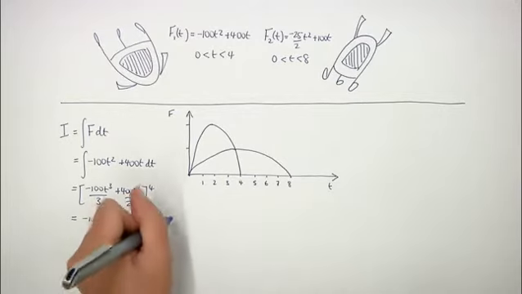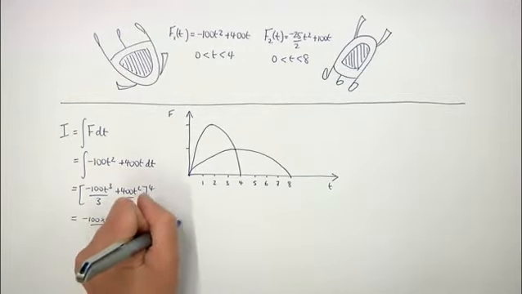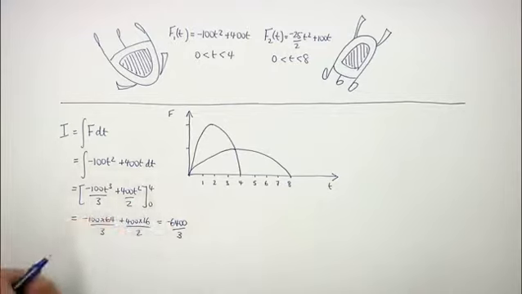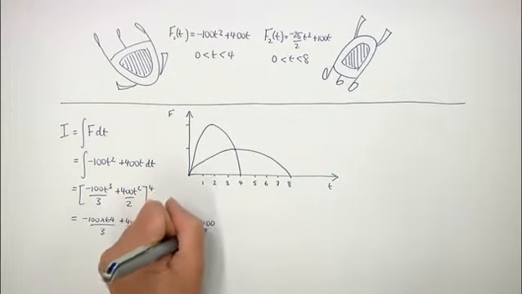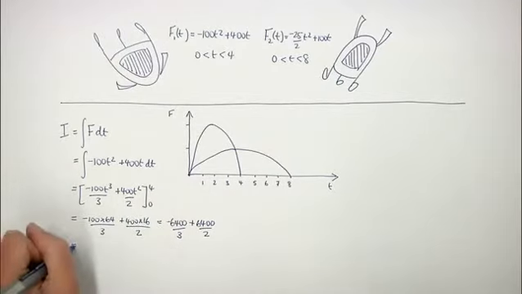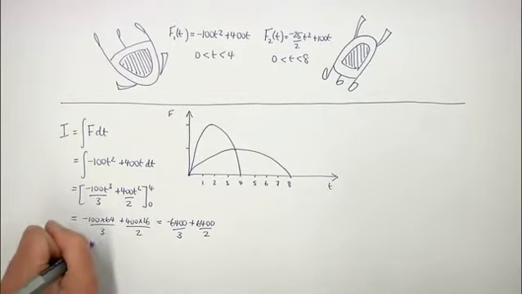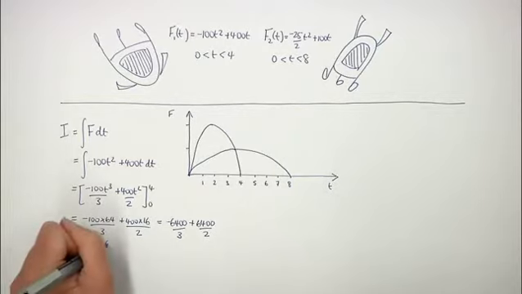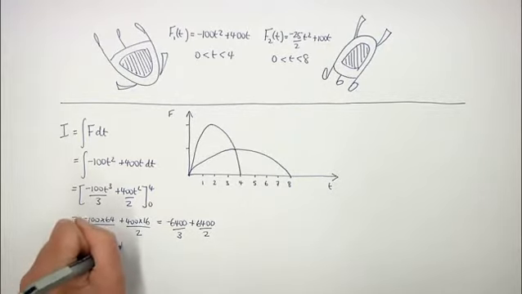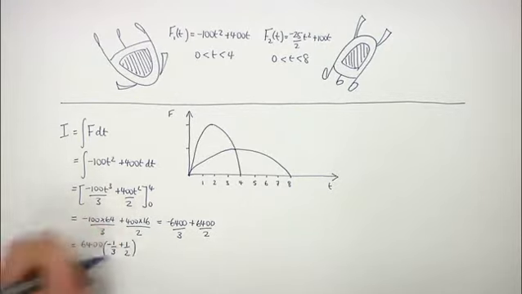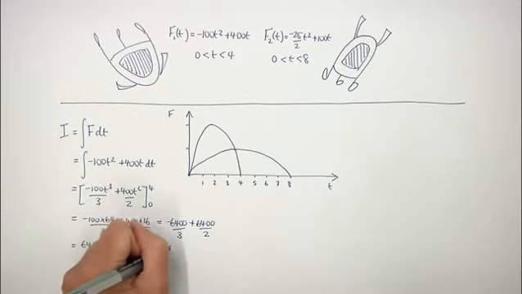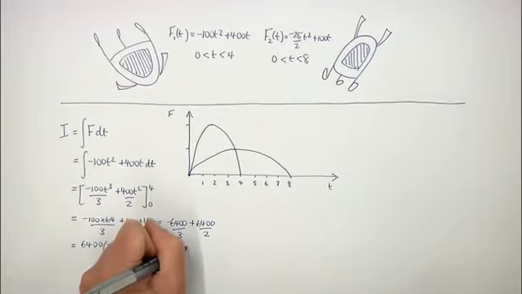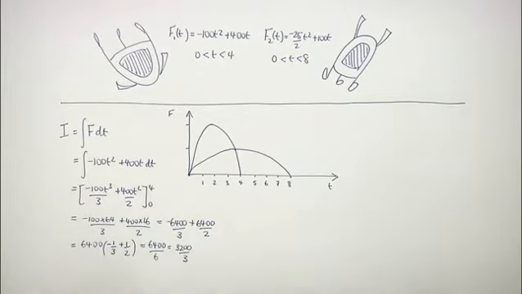And that's equal to minus 6,400 divided by 3, plus 6,400 divided by 2, which is equal to 6,400 times minus a third plus a half, which is 6,400 divided by 6, which is 3,200 divided by 3.